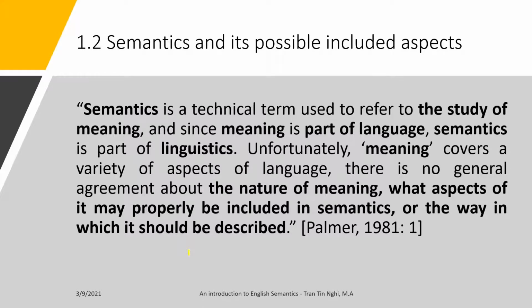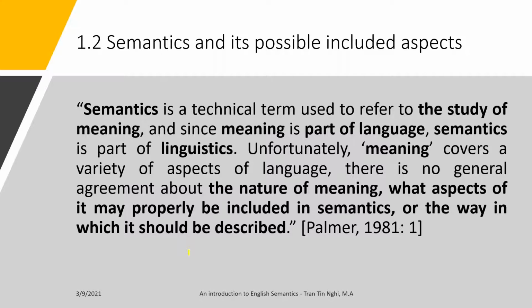We talk about semantics, and it's possible to include it in English. So semantics is the technical term used to refer to the study of meaning. Since meaning is part of language, semantics is part of linguistics. So remember this one.